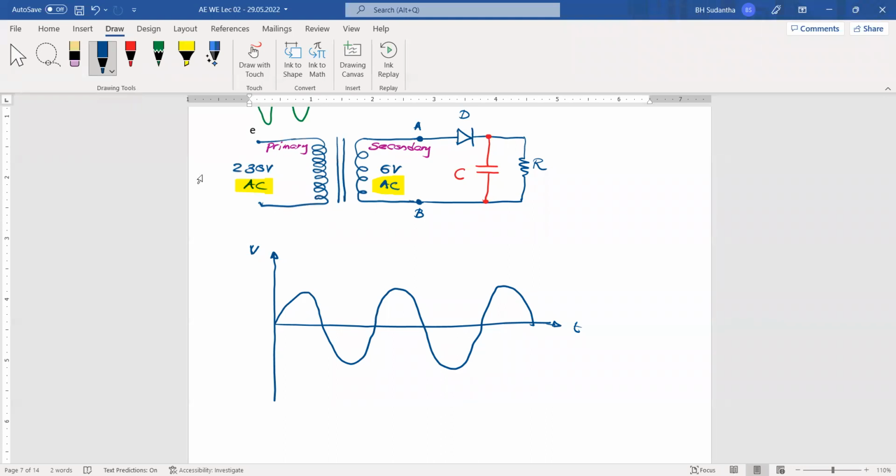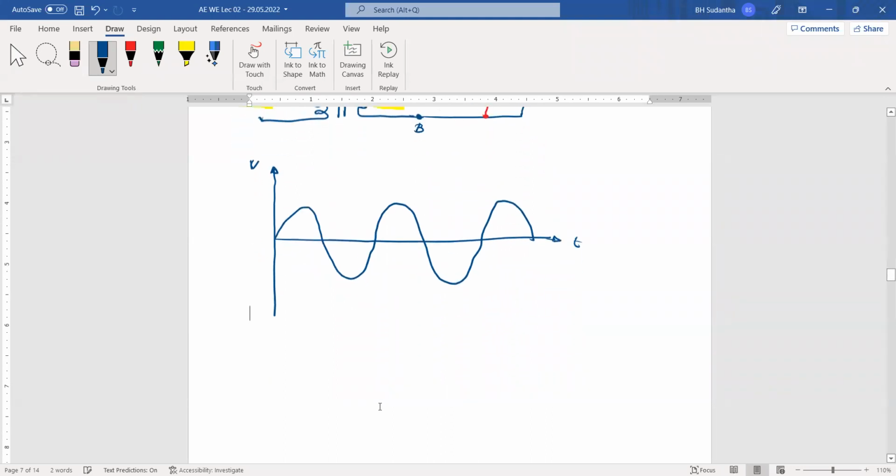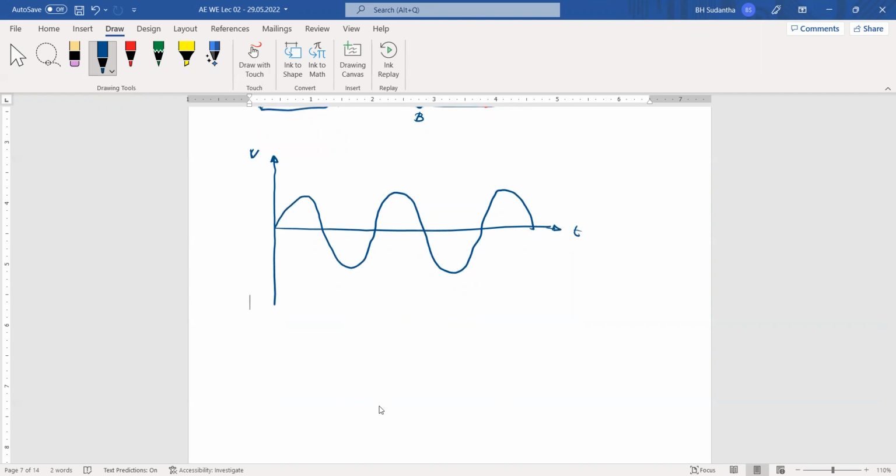Okay, then we can draw the previous output waveform from the full wave rectifier.